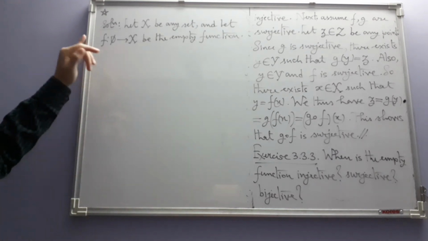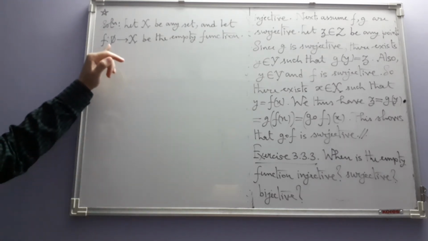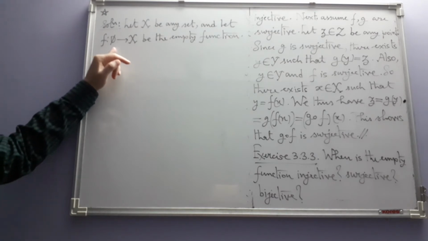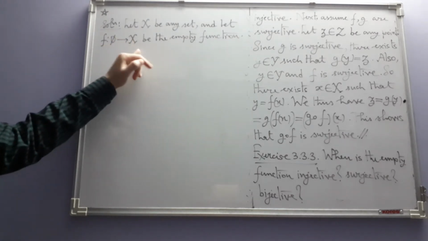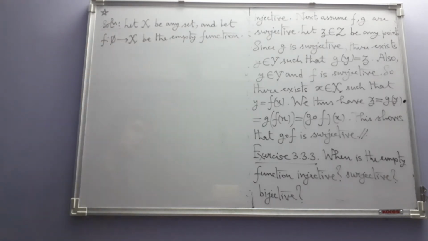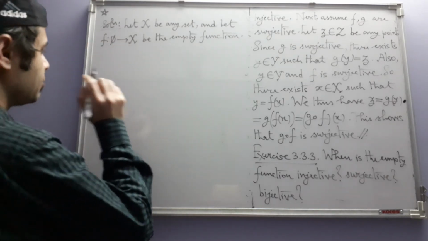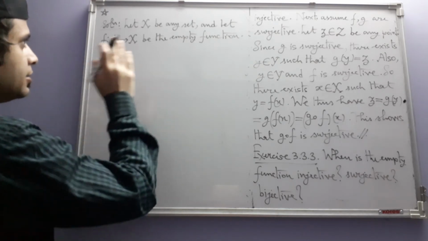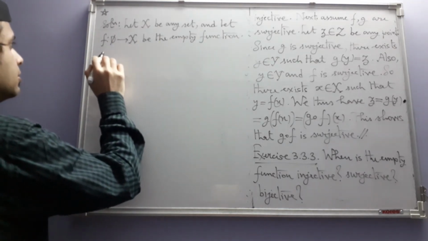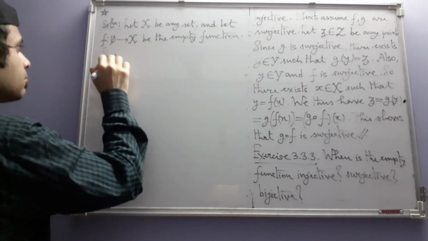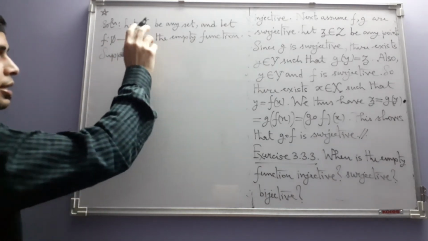We don't need to say how f assigns elements of the empty set to set elements in X, because there is no element in the empty set. But now we have to prove that this is injective. Note that here our X is any set.